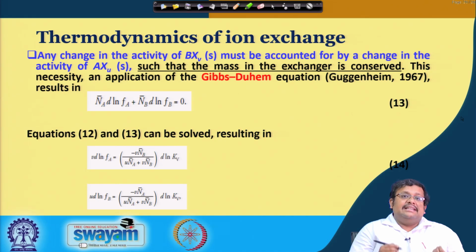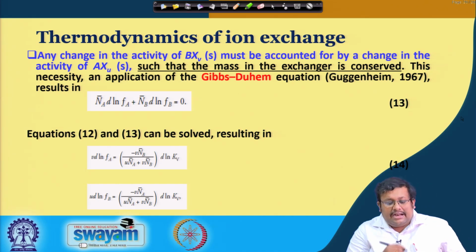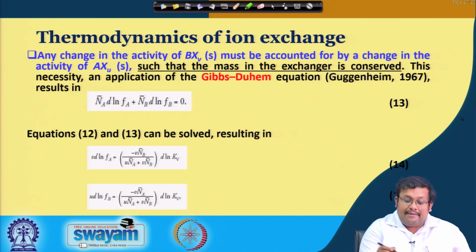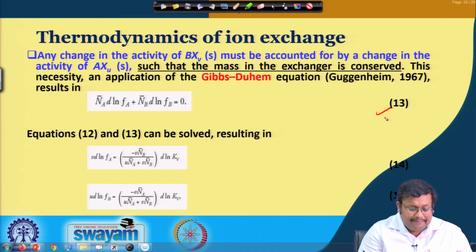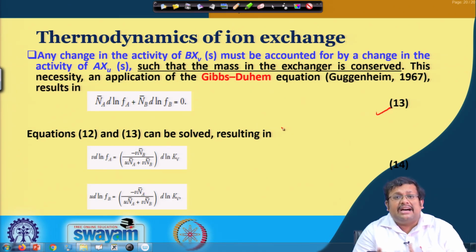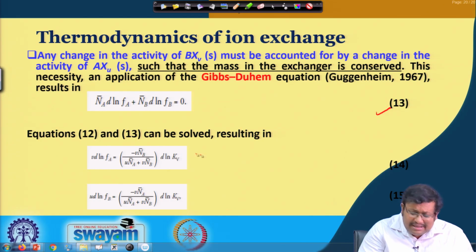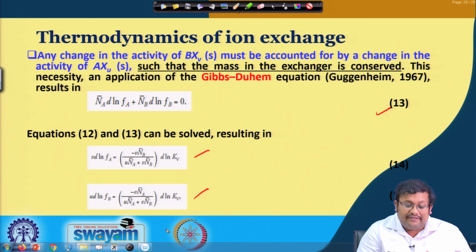This necessity, as an application of the Gibbs-Duhem equation, can be expressed as equation 13. So, equation 12 and equation 13 we can solve, and we get equation 14 and equation 15.